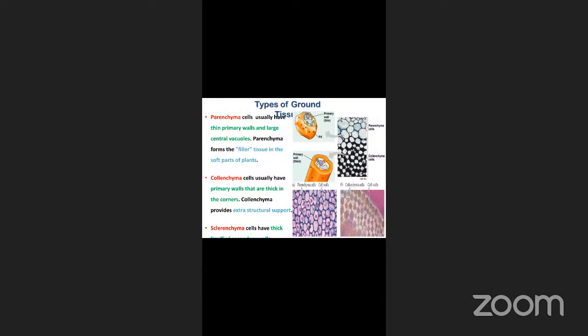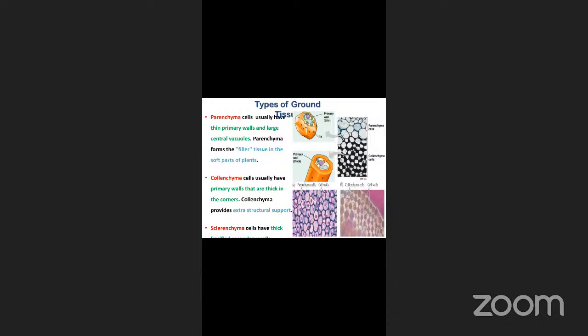Next is sclerenchyma. Its cells have thick lignified walls. That is the main difference between these and parenchyma and collenchyma. The cells are filled with lignin material.